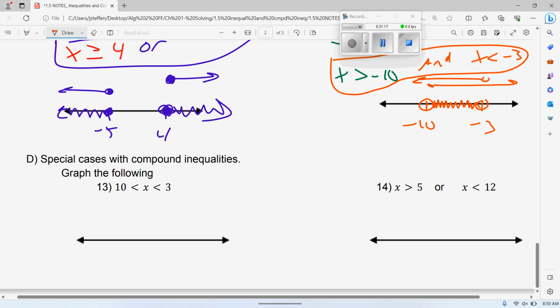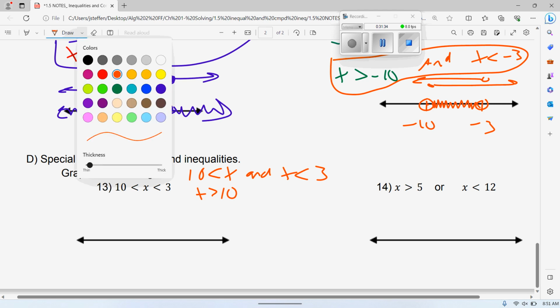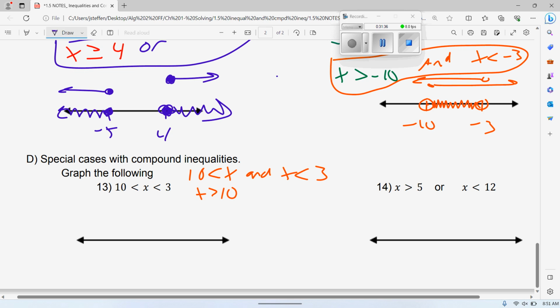So 13, I'm going to split that up just like we did before. So I have 10 is less than x, and x is less than 3. And I like to separate that so the x is on the right-hand side. Look what happens when you graph this. This is what you have to pay attention to when you're solving like this, so be careful.